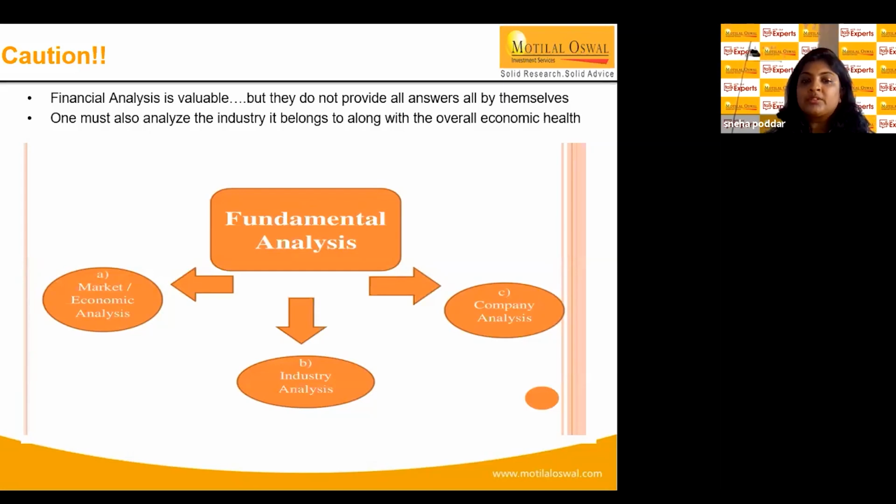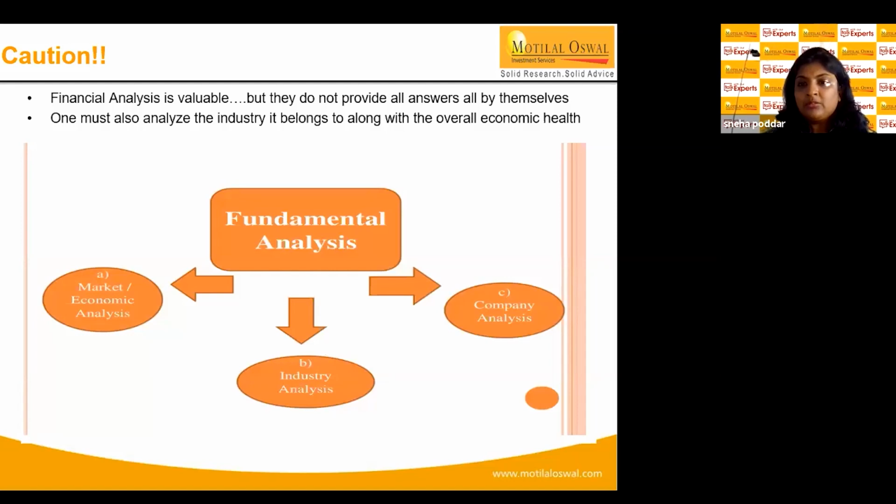Overall, how the industry is performing, how the companies within the industry are performing, how the company is positioned within that industry, and secondly, how the overall economic health of the country is, and given that, how the industry is expected to perform over the next 2 to 3 years.